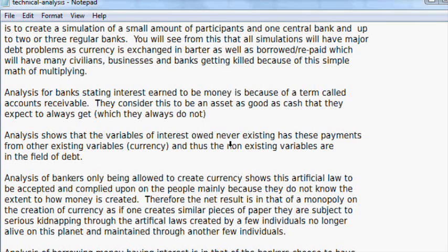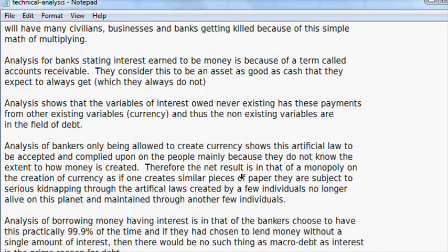Non-existing variables is interest because if you borrow $100 off me and then I ask for 120 back, then that 20 never exists. That is basically what I mean by non-existing variables.